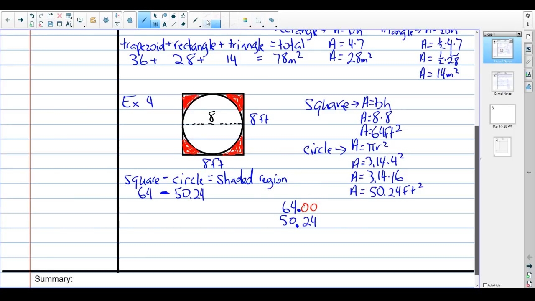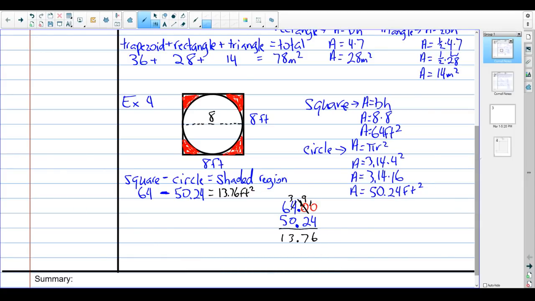Then I'm going to have to borrow because I can't take 4 away from nothing. So this becomes 3, this momentarily becomes 10 until I steal from it and it becomes 9, and then this becomes 10. Then 10 minus 4 is 6, 9 minus 2 is 7, 3 minus nothing is 3, 6 minus 5 is 1, and our shaded area is 13.76 feet squared.